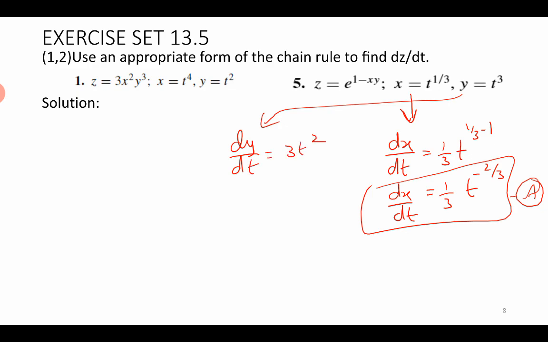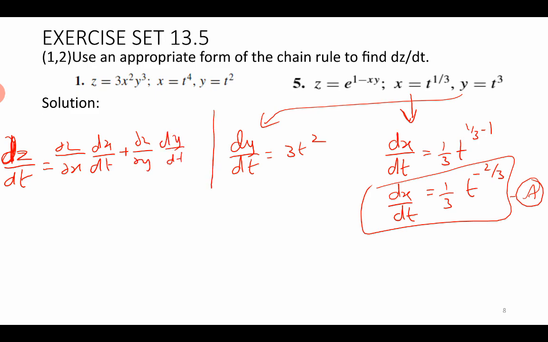Now let's recall the formula, which is dz over dt is dou z over dou x dx by dt plus dou z over dou y dy over dt.